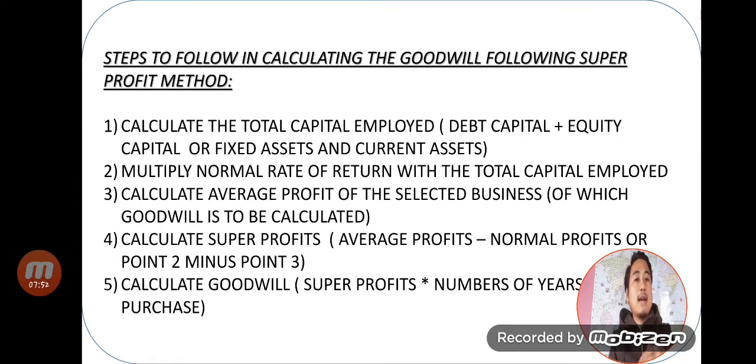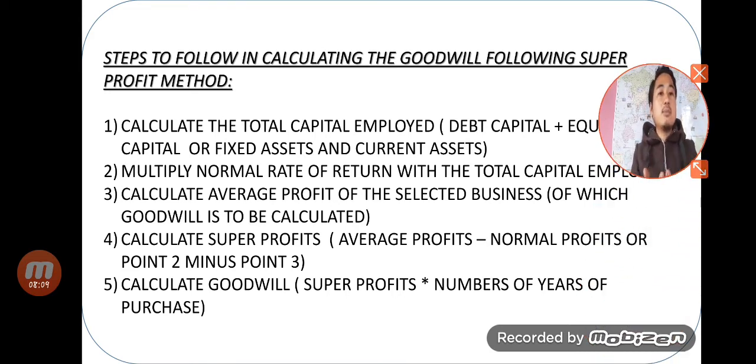Point number 3, the average profit of the existing business which the investor wants to purchase needs to be calculated. Super profit is calculated by deducting normal profit from the average profit. And finally, super profit needs to be multiplied by the number of years of purchase, which I've already discussed in the previous goodwill video.